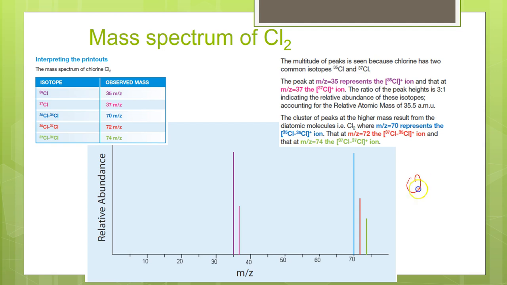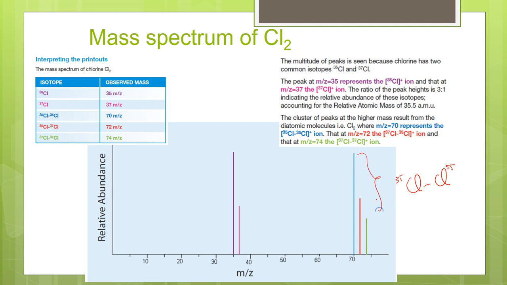So if we think Cl2 is a covalently bonded molecule with two chlorines, there are two isotopes of chlorine. There are chlorine 35 and chlorine 37. So if I have a chlorine molecule that has two chlorine 35s, then I will have a peak at 70.